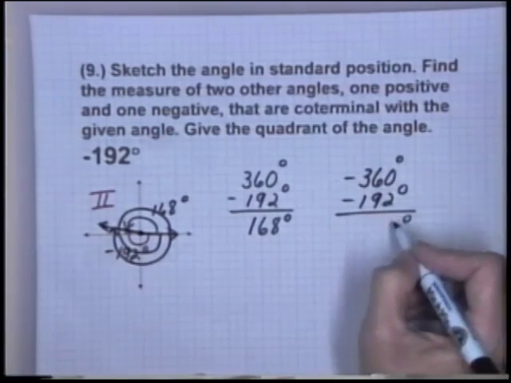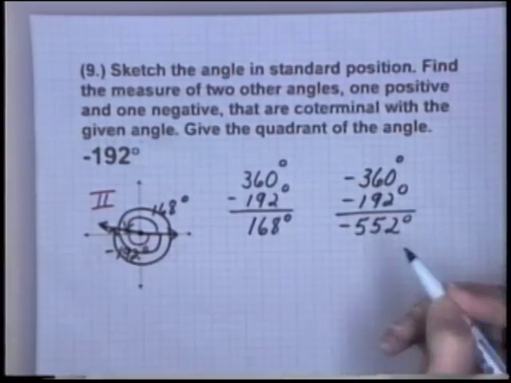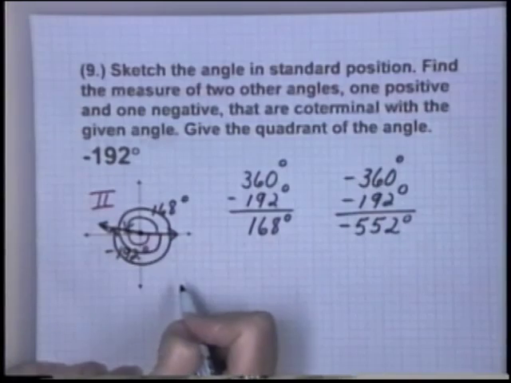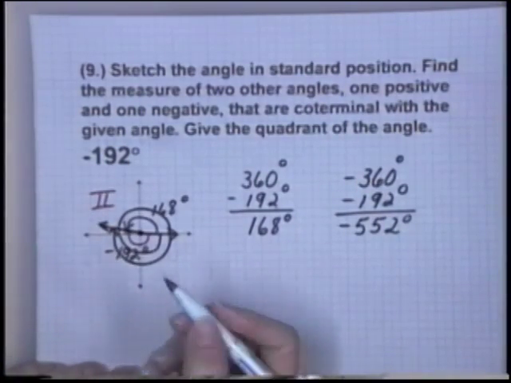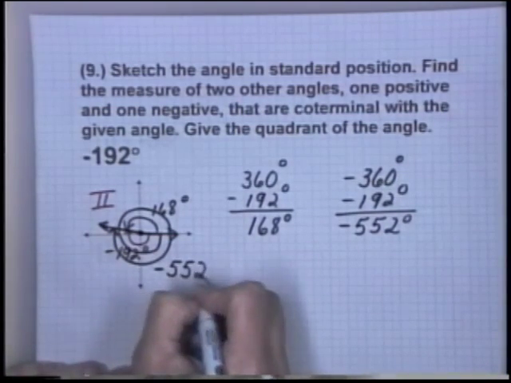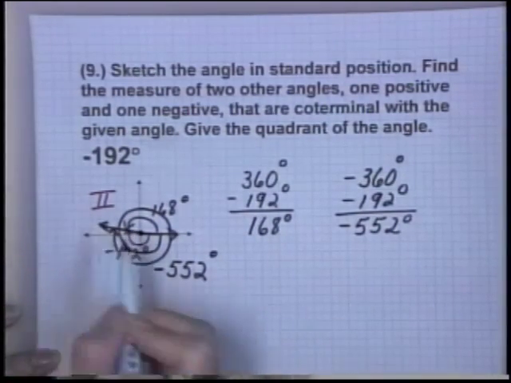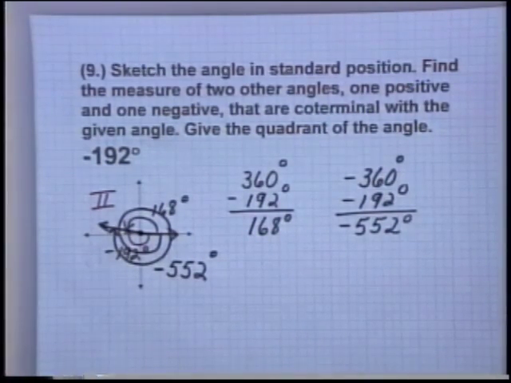When we add those, we get 2, we get 15, we get 5. So a negative coterminal angle with negative 192 degrees would be negative 552 degrees. We'd have same initial side, same terminal side. You're going to find in trig that the coterminal angle concept is very important. So we're going to work some more problems dealing with coterminal angles.